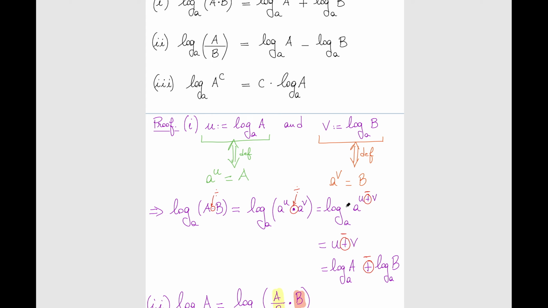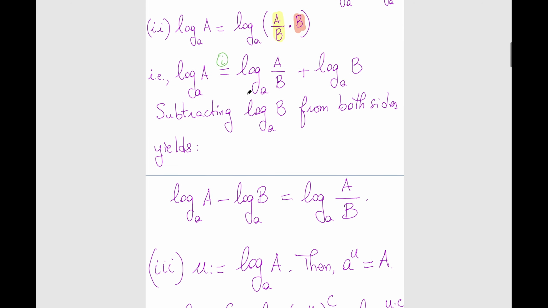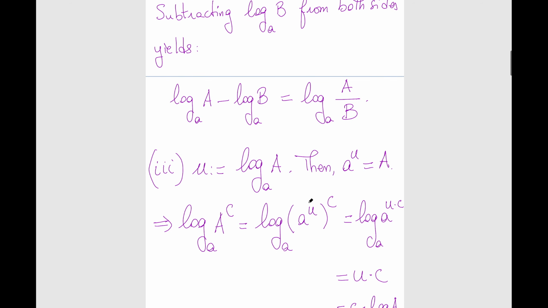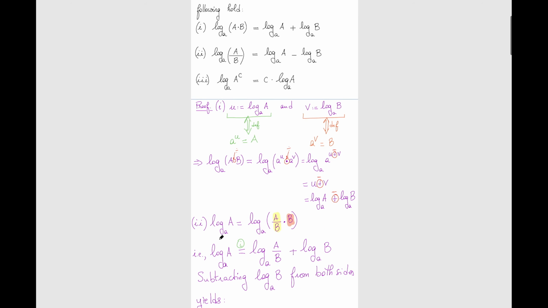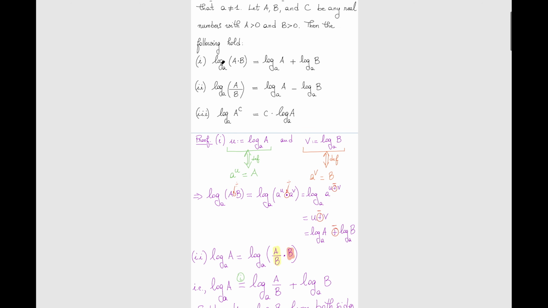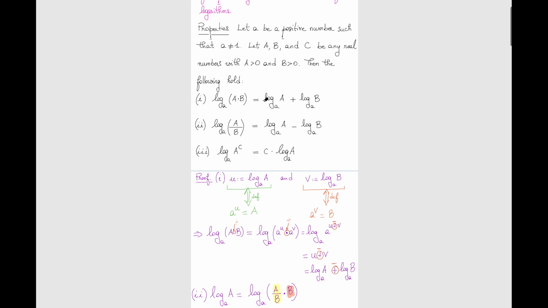This is one of the laws of exponents. And for property 3, we kept the base and multiplied the powers. So you see how the laws of exponents, because log is an exponent, imply the laws of the logs listed as properties 1 through 3 here.